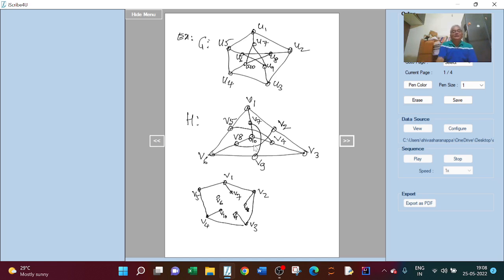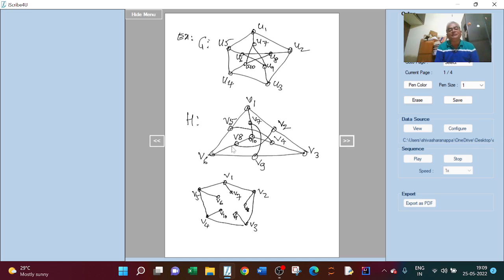Next, V5 is adjacent with V1, V4, already written. Then I have to add this edge V5 to V6. Next, V6 is adjacent with V5, already written.